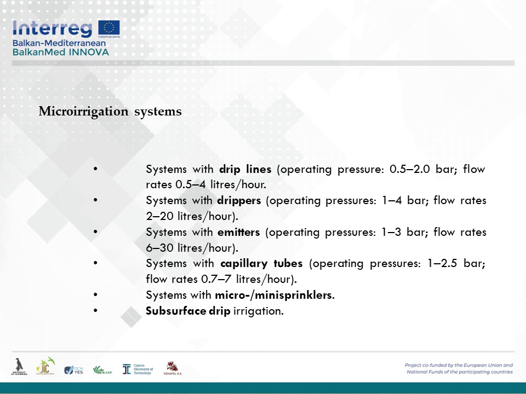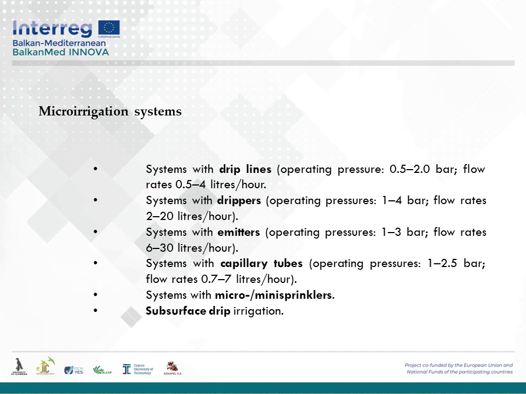Which is from 0.5 liters per hour up to 30 liters per hour in the most abundant, let's say, micro irrigation systems.